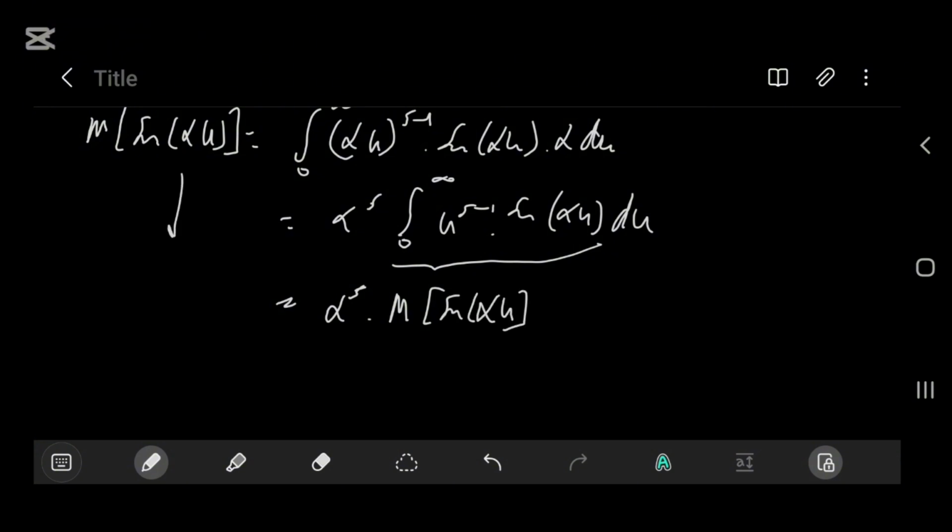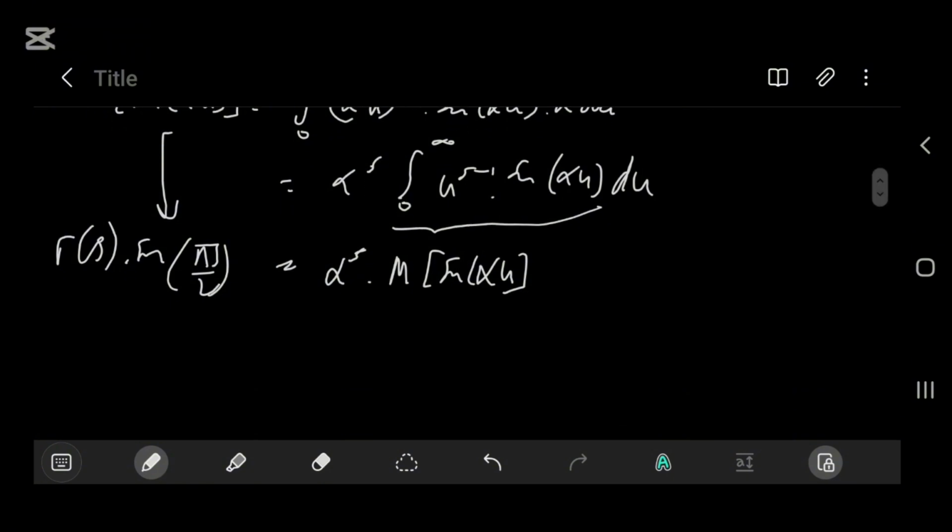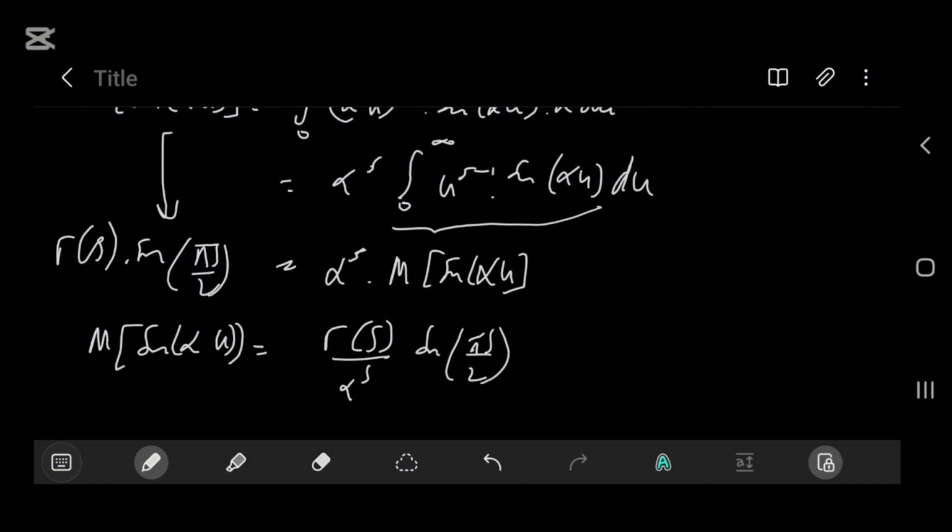So we can write alpha to the power s and the Mellin transform of sine alpha u. We know the answer is gamma of s times sine pi s by 2, because there are no x variables, so there won't be any change in the answers. So finally the Mellin transform of sine alpha u is equal to gamma of s over alpha to the power s times sine pi s by 2.